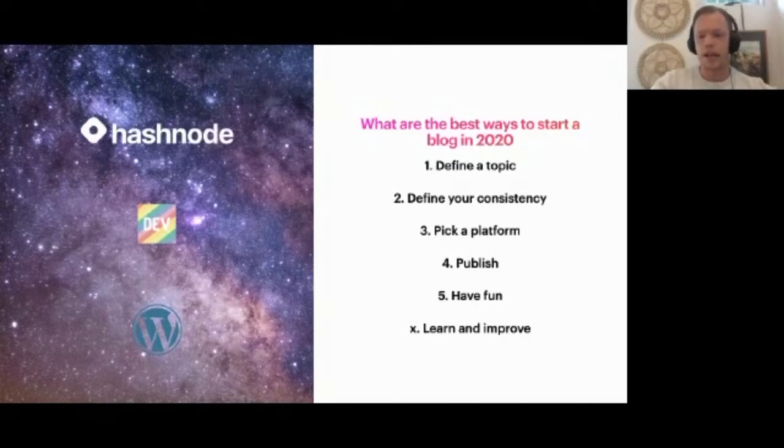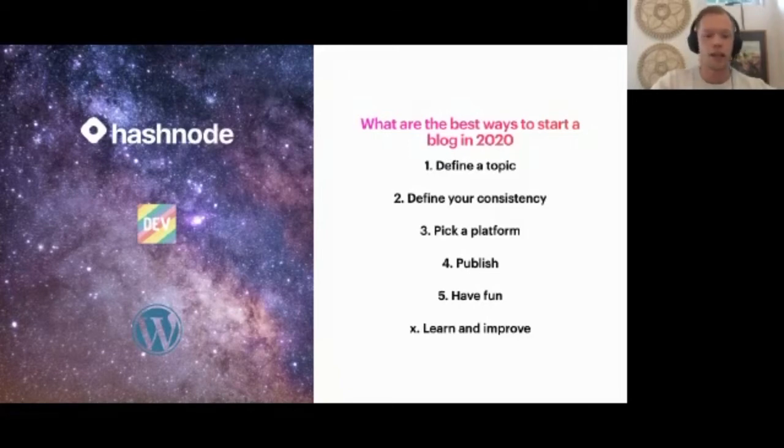Then I wrote X because this is something you have to do every now and then. You have to learn and improve. So you wrote 1 article, you wrote 5 articles, take a step back, look at your articles in like 2 weeks' time and think, what could I have done better? Read them as you would read someone else's article. Like, I wish he talked about this or that, or I wish there was a better example of this.